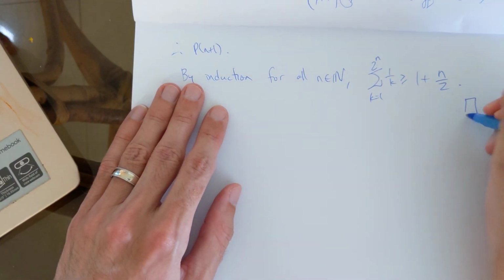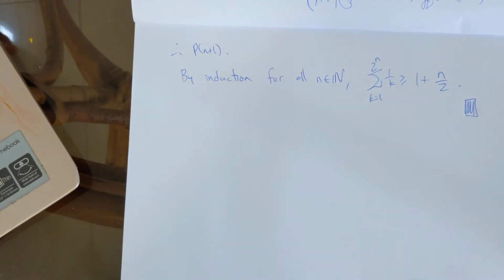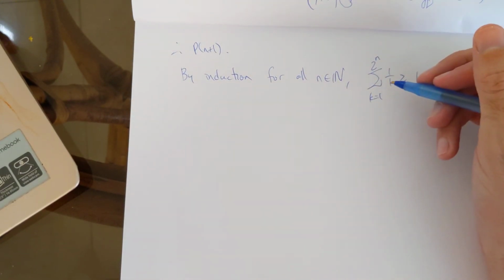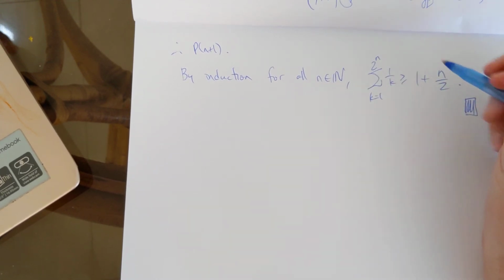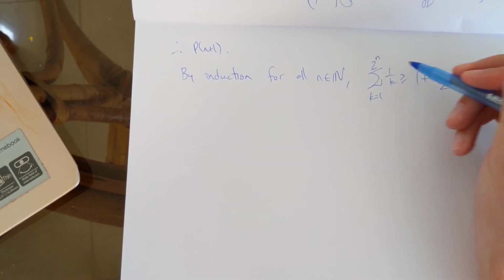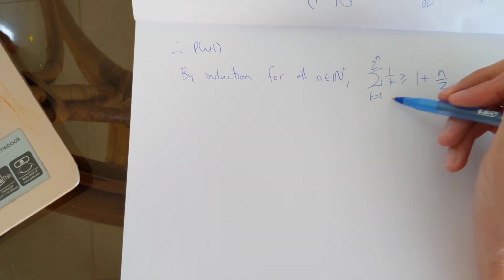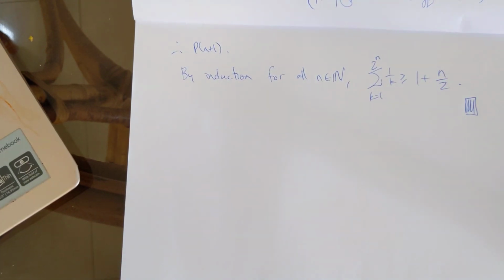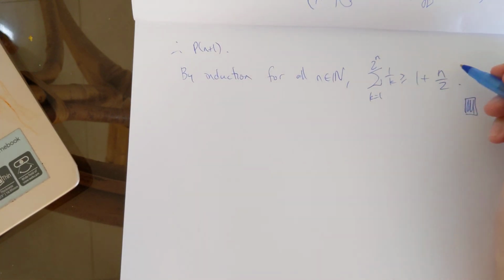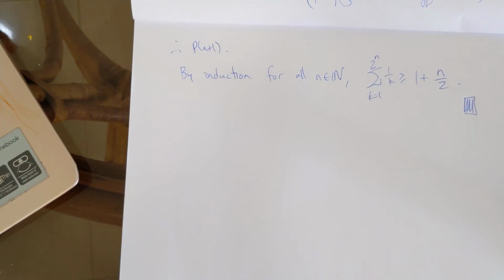And that's the end of the inequality. And I like this inequality. It tells you that just by using induction and basic arithmetic, you can show that the harmonic series diverges and kind of how fast it diverges, I guess.